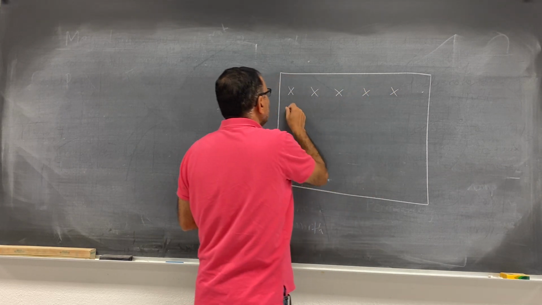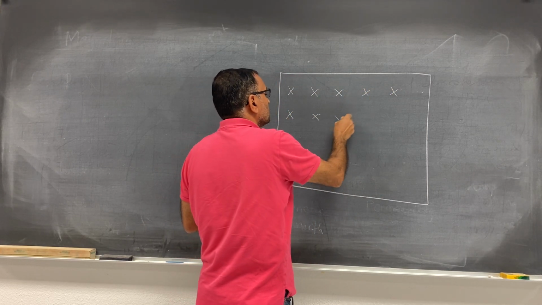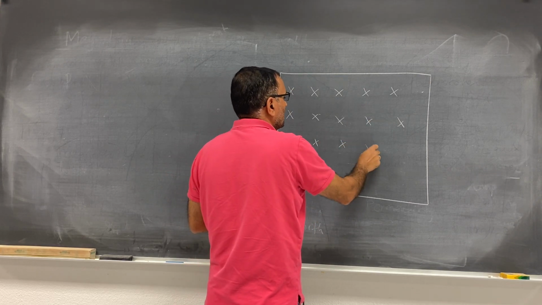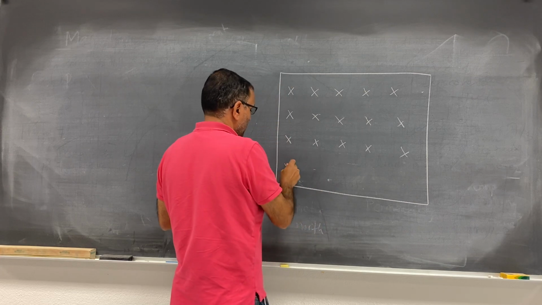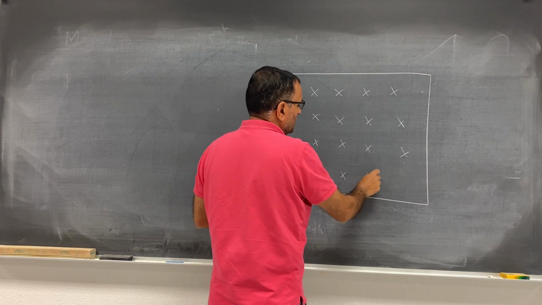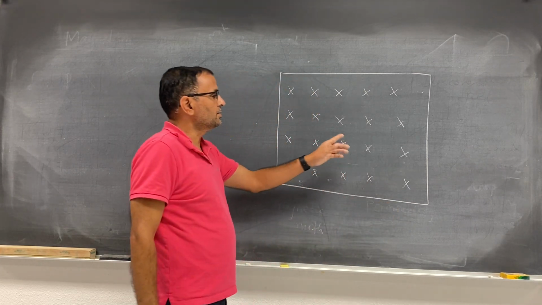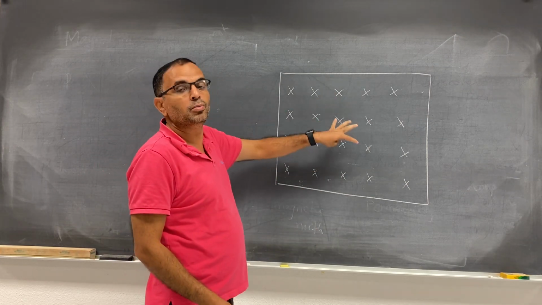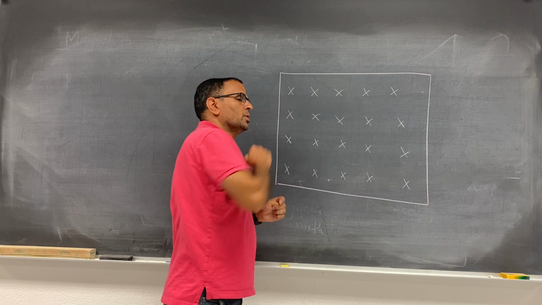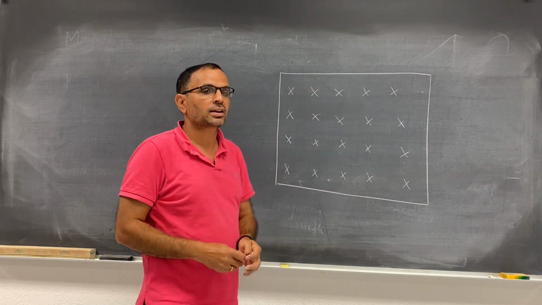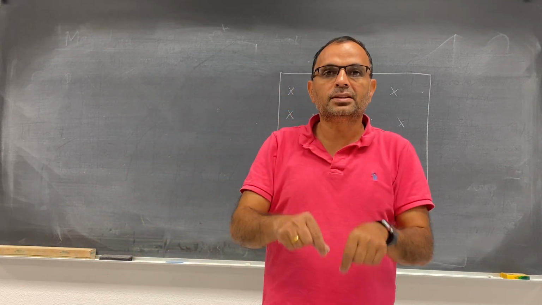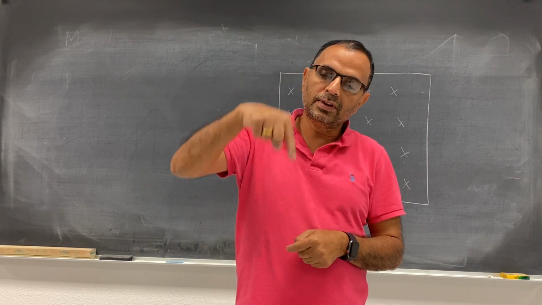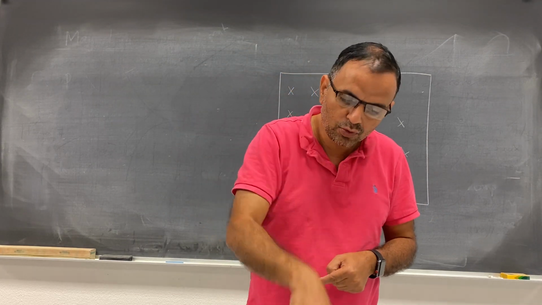You can draw the magnetic field like this. In this case, I am drawing on the board, so you can say into the board. If you draw the cross mark on your paper, then you have to say the magnetic field is into the page.